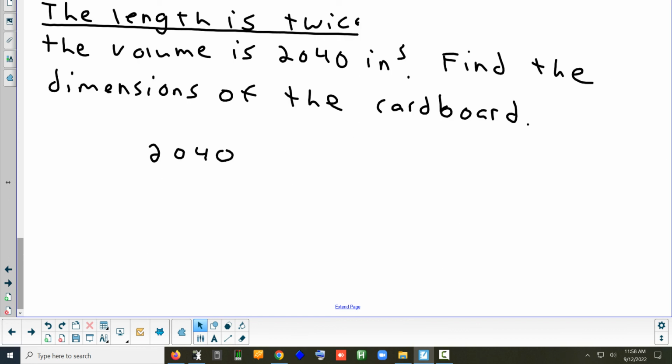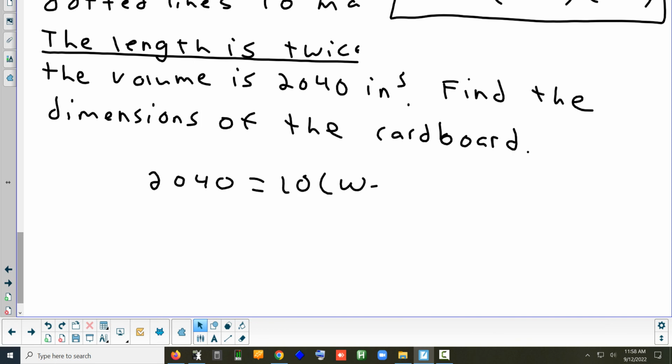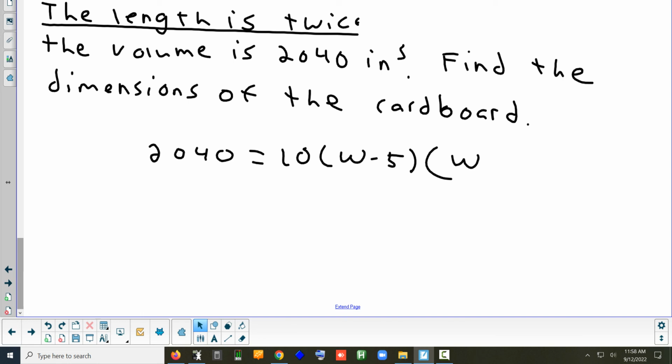So 2040 equals 10 times W minus 5 times W minus 10. What could I do on both sides there? Divide by 10. So that gives me 204 equals. And then with W minus 5 and W minus 10, it's the reverse of factoring: FOIL.